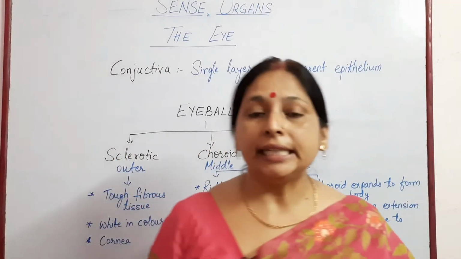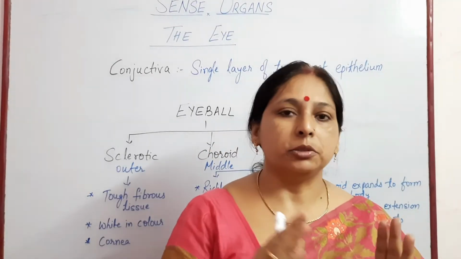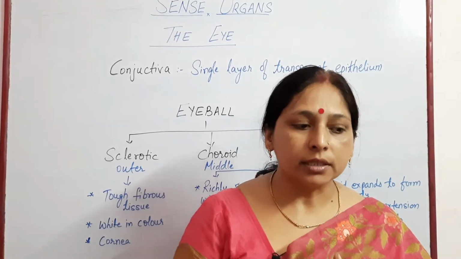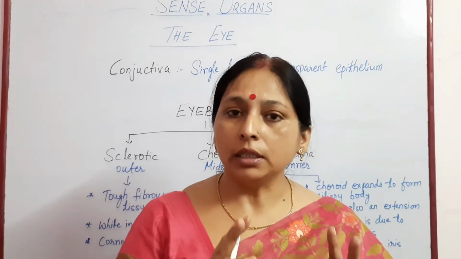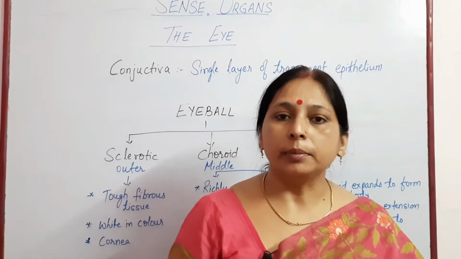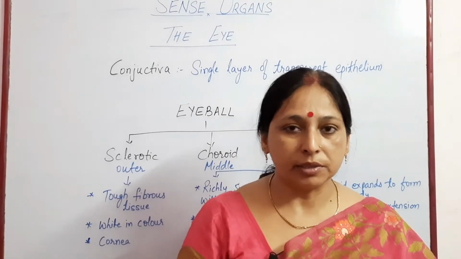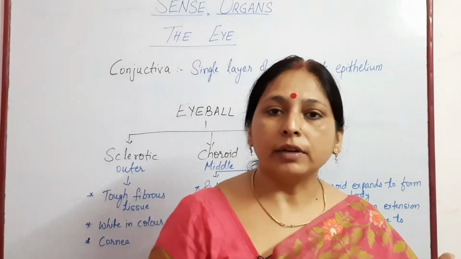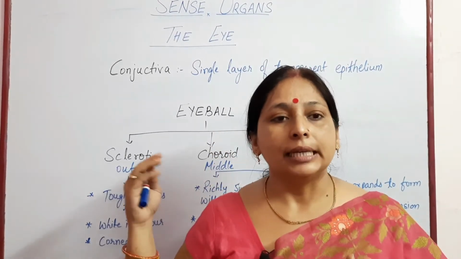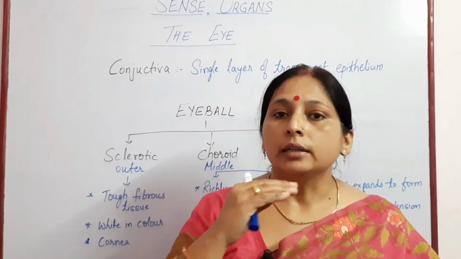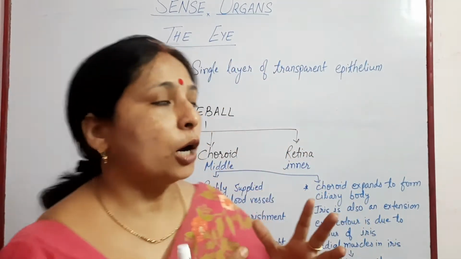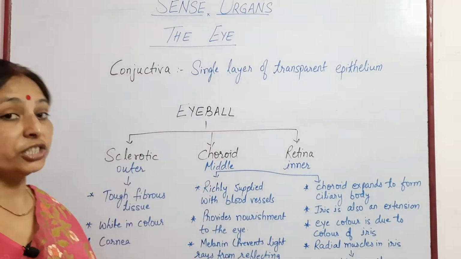Now about the detailed structural arrangement, about the different layers, we'll study this with the help of a model and a chart paper, also a diagrammatic representation. With the help of this also, I have tried to simplify all the terms. Before this, let's discuss the different layers present in the eyeball, and the outermost covering, which is the conjunctiva.